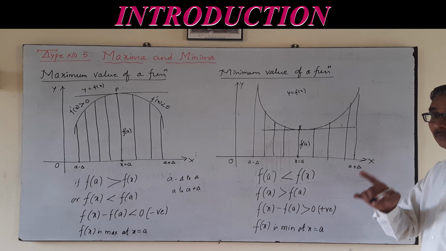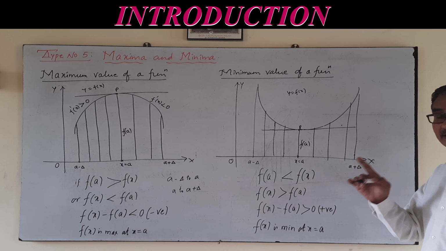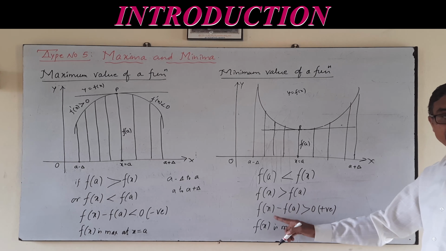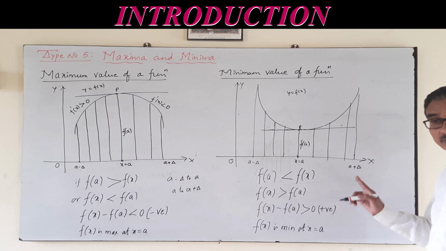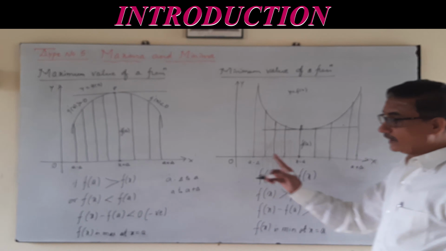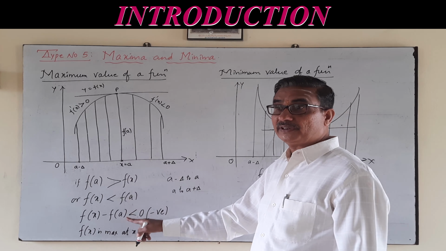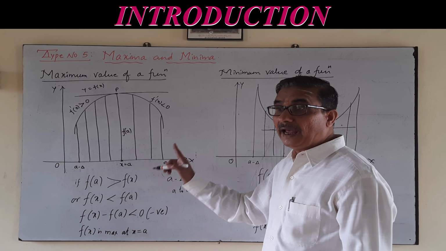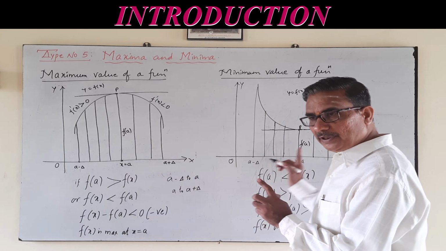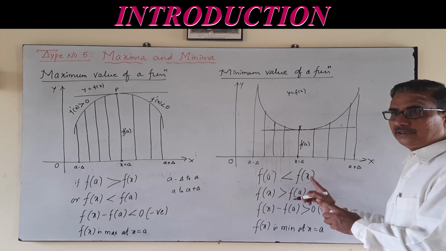To identify at which point it is minimum, the difference of those two values is positive, whereas if the difference of those two values is negative, then the function f of x is maximum at that particular point. At that point, a maximum value means larger, and a minimum value means smaller than that.